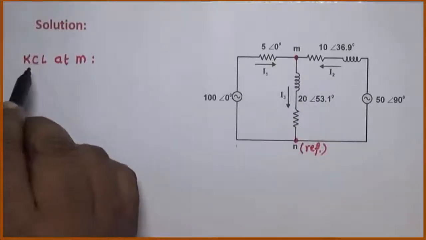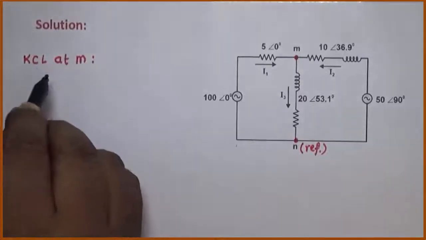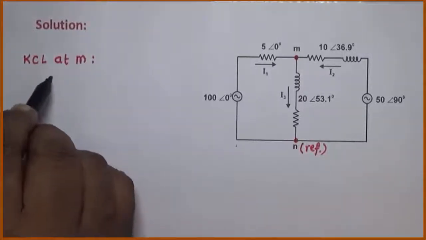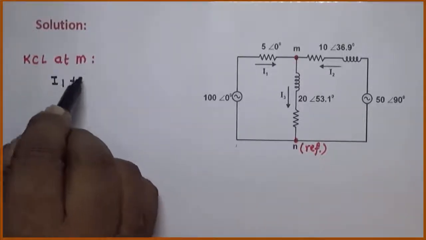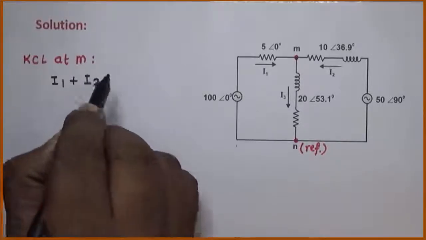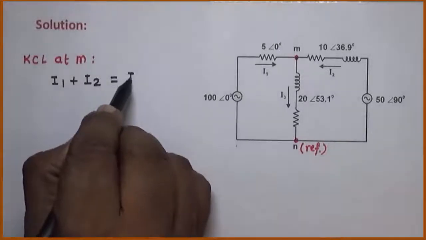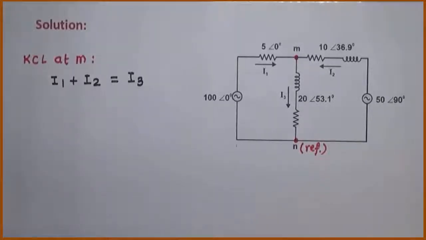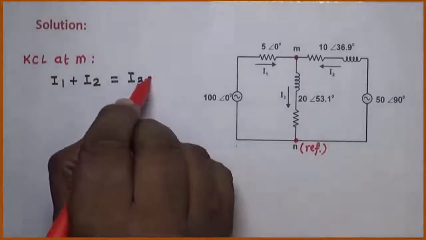So, KCL at M gives I1 plus I2 is equal to I3. Say this is equation 1.